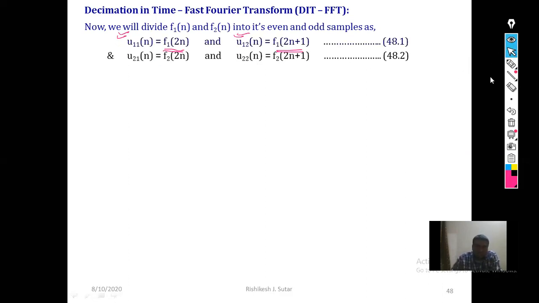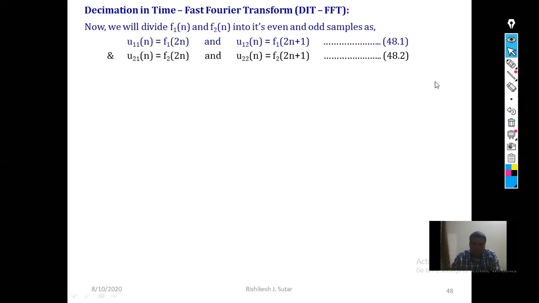Similarly, you can see here that u21 of n are the even samples of f2 of n, and u22 of n are the odd samples of f2 of n. Okay, so let us do it only for f1 of n, and then we can do the same thing for f2 of n.